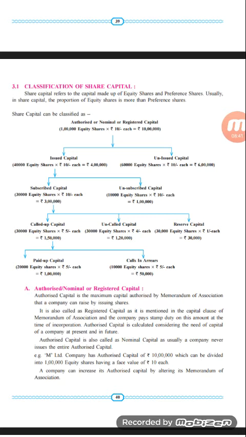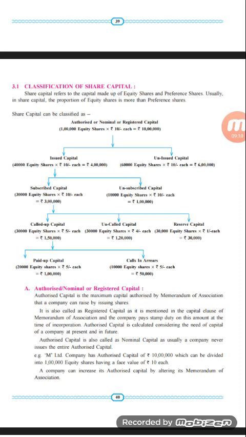Now again there is a classification within the subscribed capital. The first one is called up capital, the second one is uncalled capital, and the third one is reserved capital. Here, 30,000 equity shares have been sold to customers in the market at rupees 10 each.